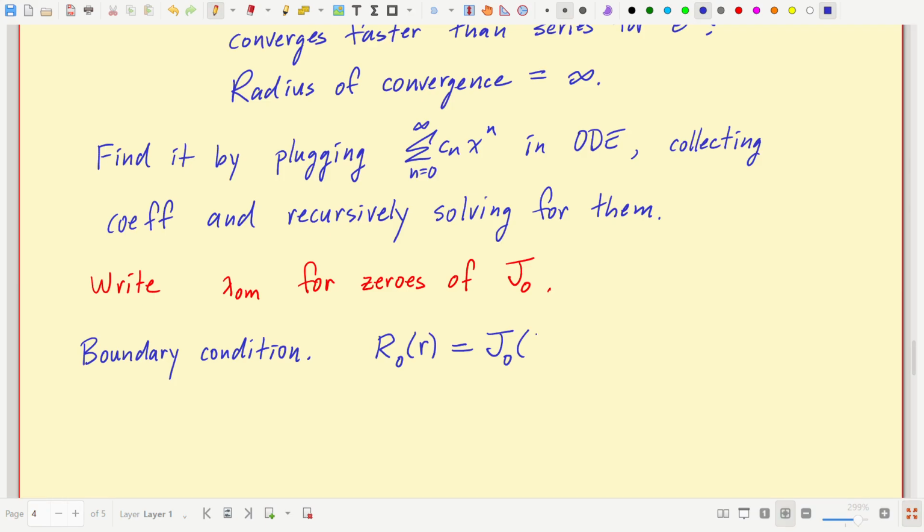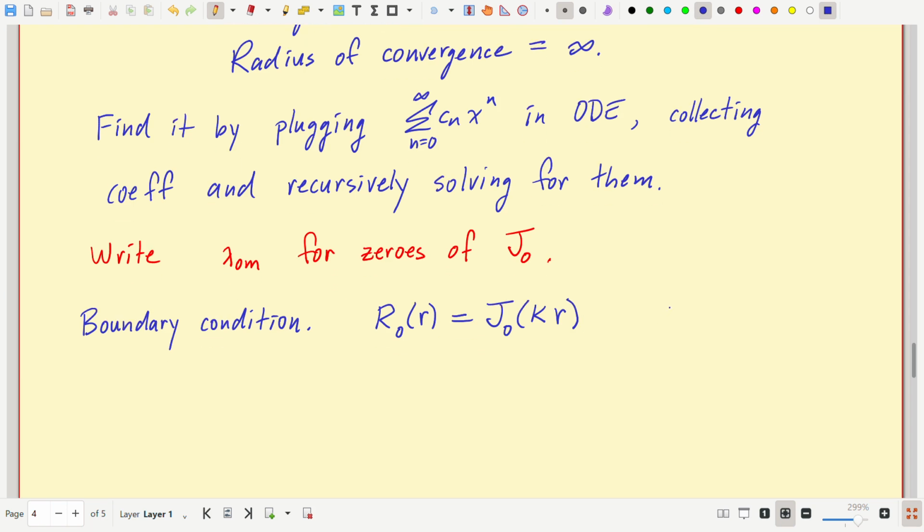There would be a K here times R, where K comes from mu. I'm not going to worry about how. Probably K squared equals the mu, or the lambda. K comes from the lambda. So we've got to figure out which lambdas are going to work.